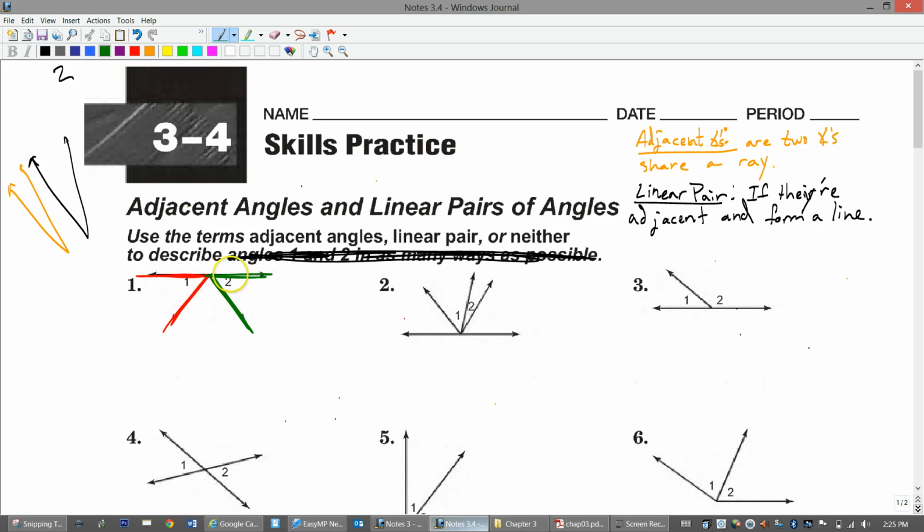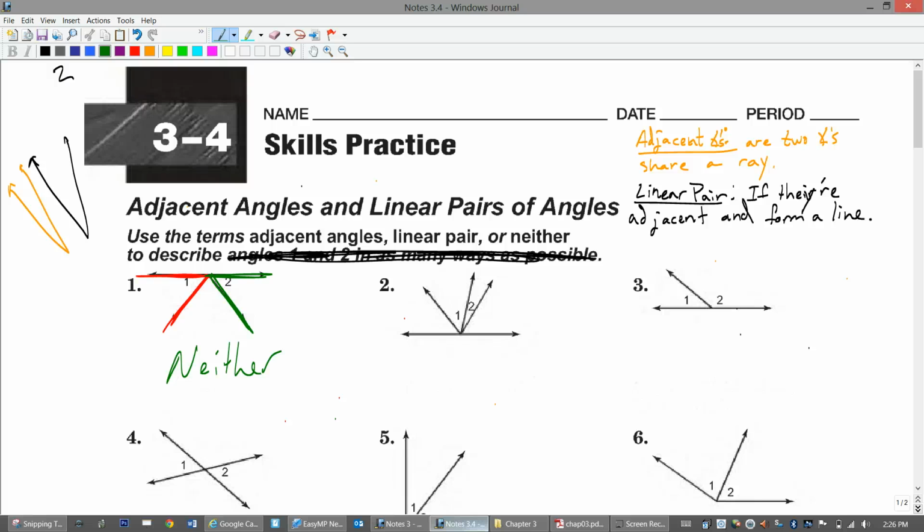Is there a ray that overlaps? Is there any red or green that overlap besides the vertex? No. That means they're not adjacent. If they're not adjacent, they're also not a linear pair, which means they're neither in this case. Okay? They're just neither. It's going to get more familiar as we go through more and more pictures, hopefully.